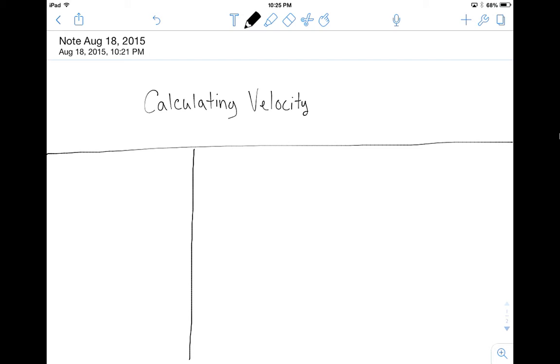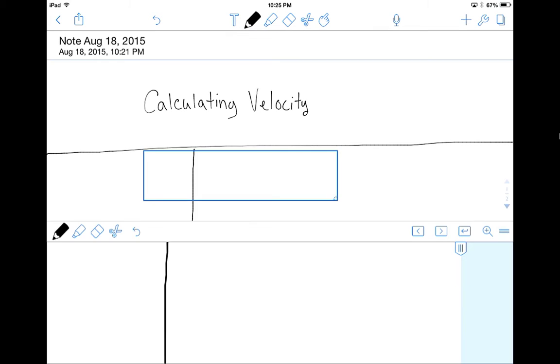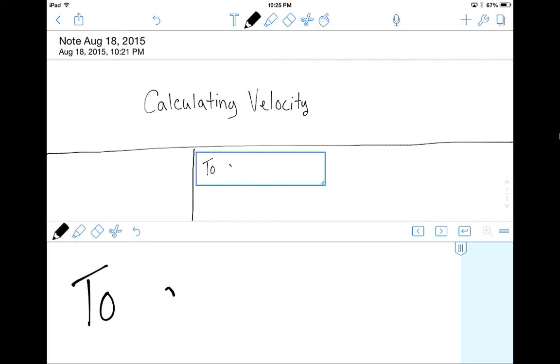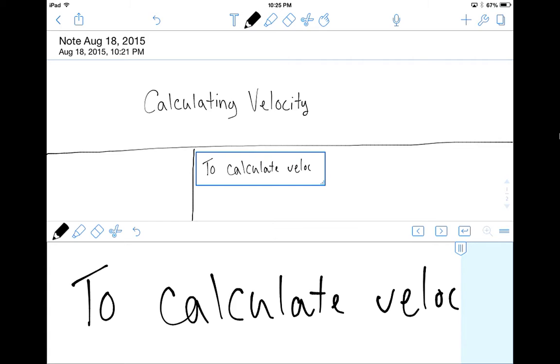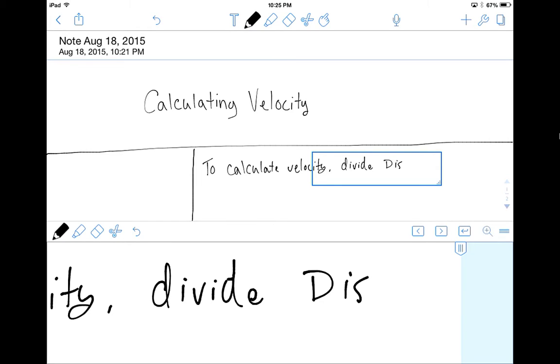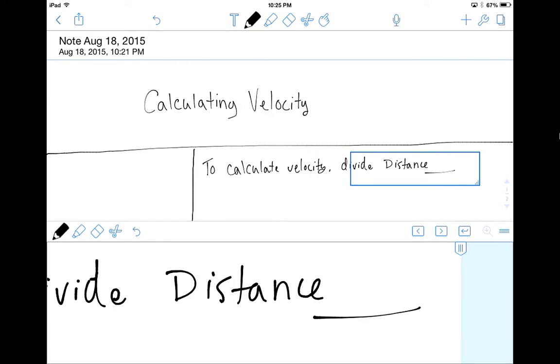So first thing on calculating velocity. Let's write this out in the form of a sentence, and I'm going to make this a little bit smaller. To calculate velocity, and this might not always be sentences, sometimes it'll be bullet points, but for now I'll say, to calculate velocity, divide distance by time.